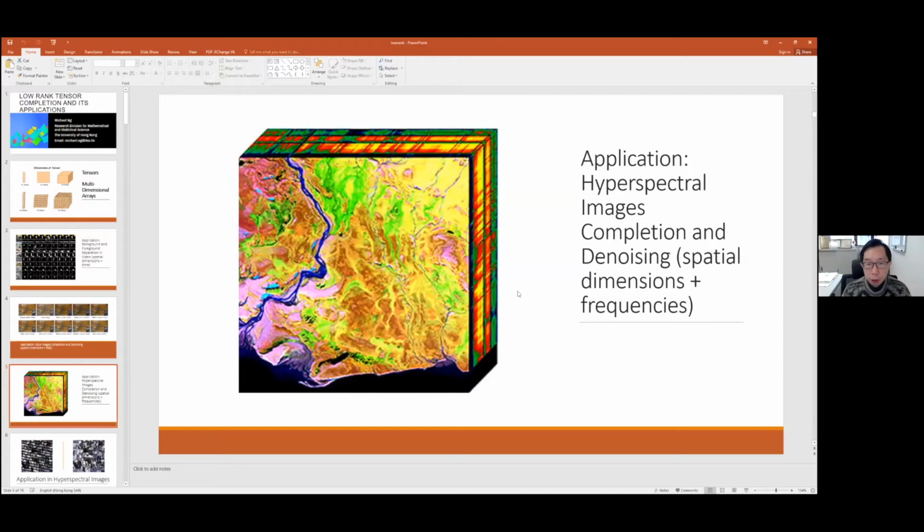We obtain these hyperspectral images from satellites, to look at the Earth and for the detection of rivers, minerals, mountains, etc. Again, this can be a very large dataset from a third-order tensor. You see again you have a spatial dimension, and then you have frequencies.